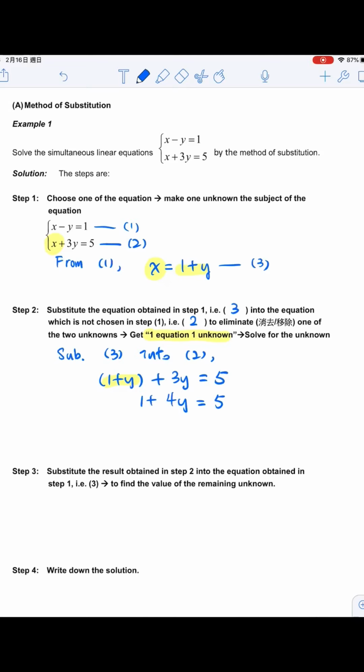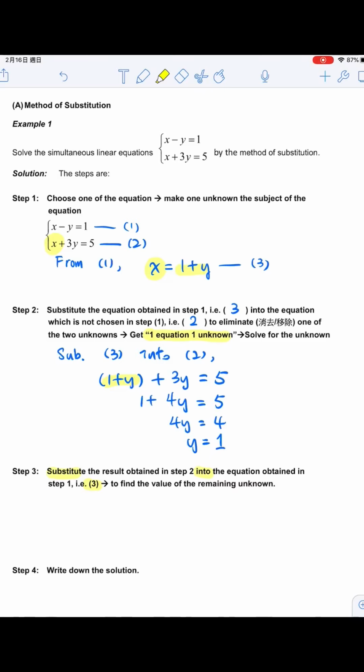We have 1 plus 4y equals 5. So we have 4y equals 4. And finally, we get y is equal to 1. And step 3, after we obtain the value of y, we can substitute into the remaining equation.